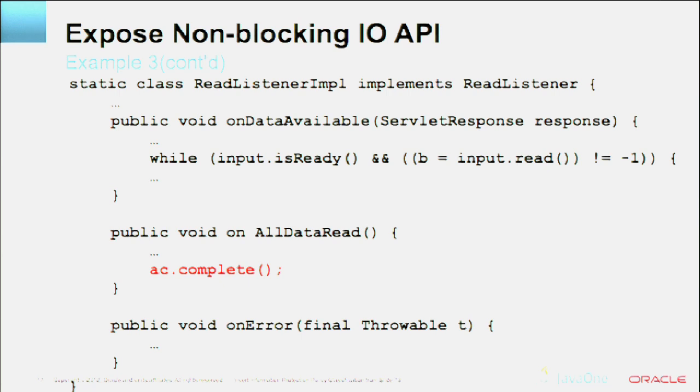You could potentially put the byte buffer in one of the request parameters and pass it back to the servlet or filter, and then continue the processing in the servlet again. So complete is just one of the methods that async context has, and for simplicity, we just put the complete method here.